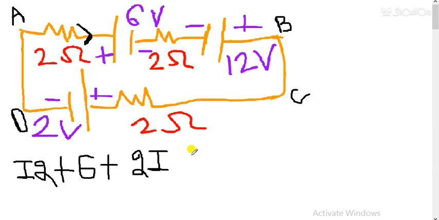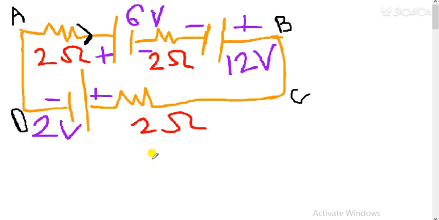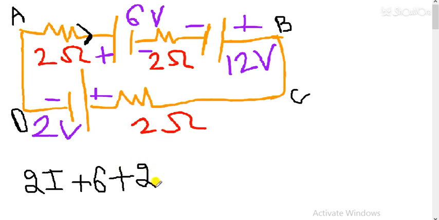Students, wait, I write here 2I, that is voltage drop across first resistance, plus 6, for better understanding, because sometimes it seems like I2. So plus 6 plus, now we are moving in the direction of current here, so we will again write 2I. Up to this point we have done.